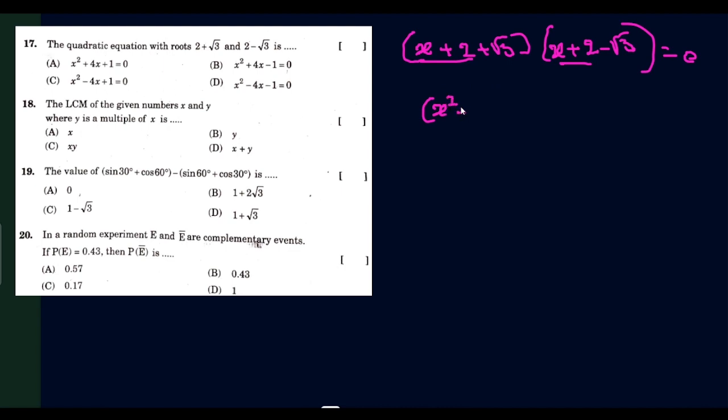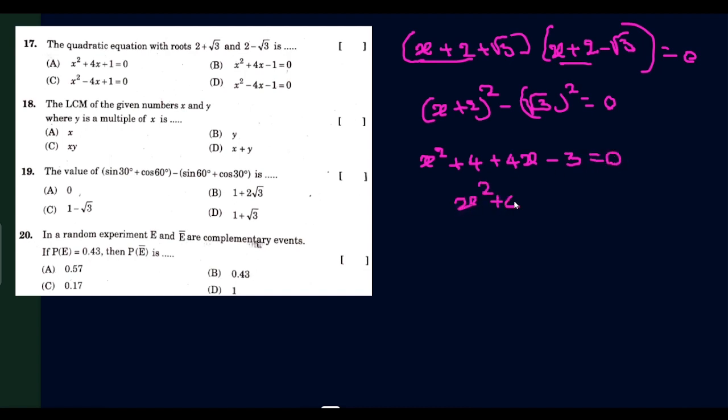So x plus 2 whole squared minus root 3 whole squared is equal to 0. That means a plus b into a minus b is equal to a squared minus b squared. So x squared plus 4x plus 4 minus 3 is equal to 0, right? So x squared plus 4x plus 1 is equal to 0. So option A is the answer.